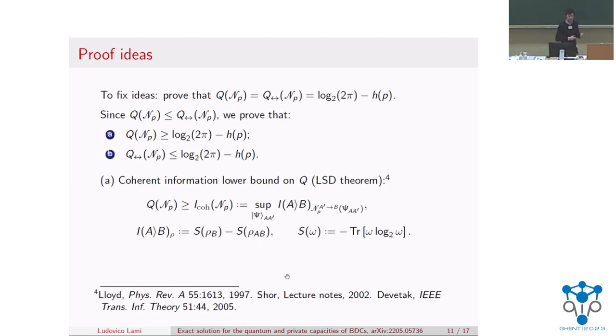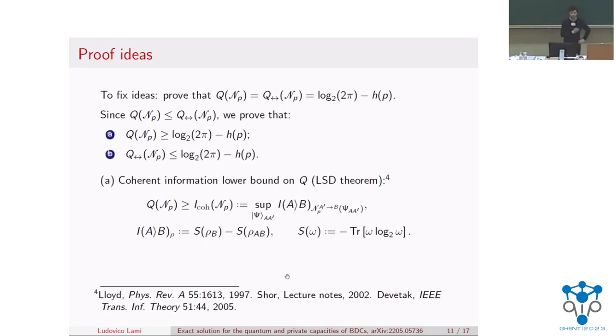First of all, the most obvious lower bound on the quantum capacity is the coherent information. This was defined before. You just come up with a state on AA', and then you send the system A' over the channel, and then you compute an entropic quantity, called the coherent information, over the state. That gives you a lower bound. In fact, it's well known by the LSD theorem that if you regularize this quantity, you get the quantum capacity.